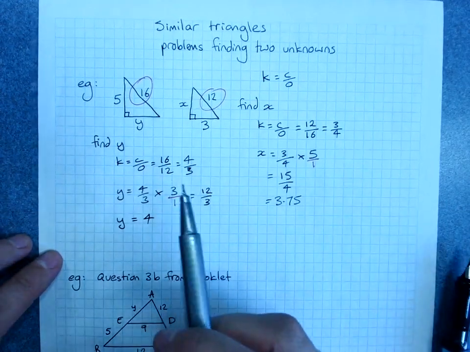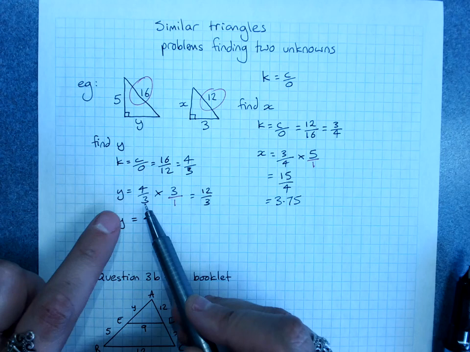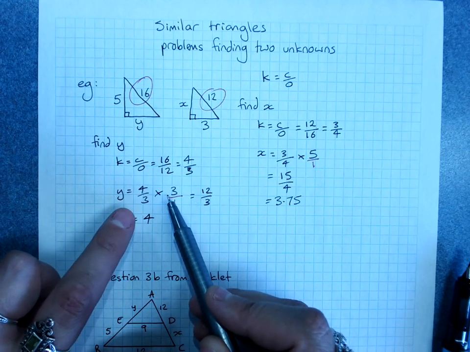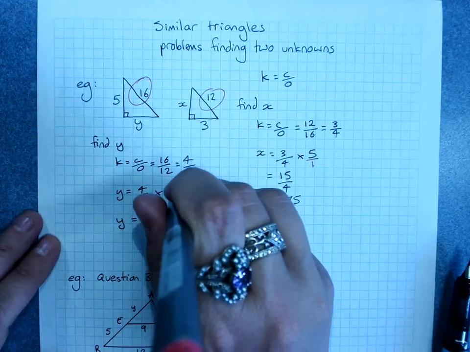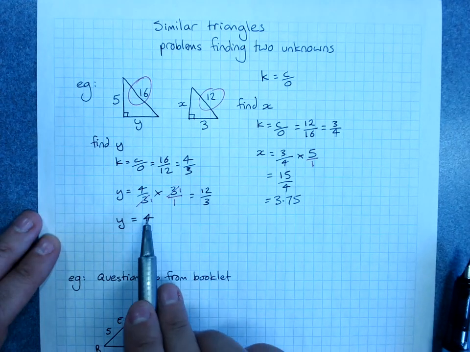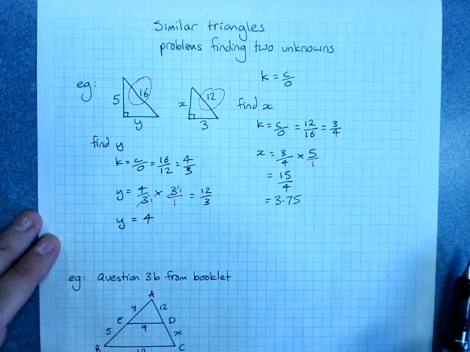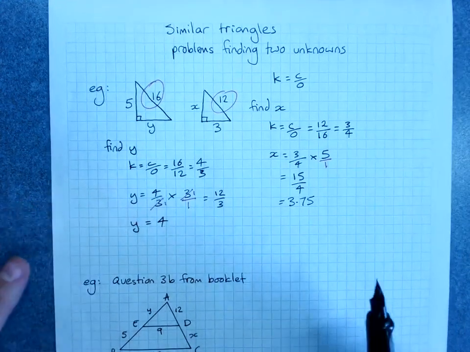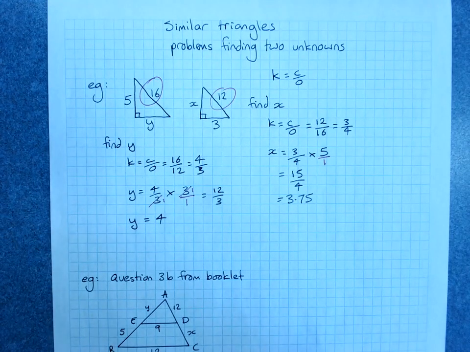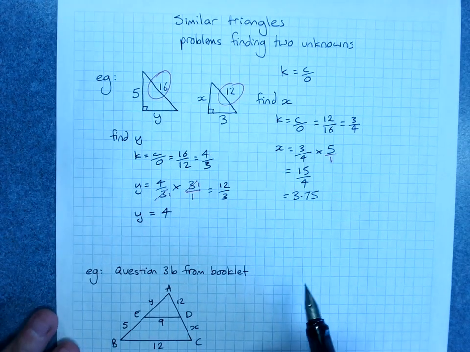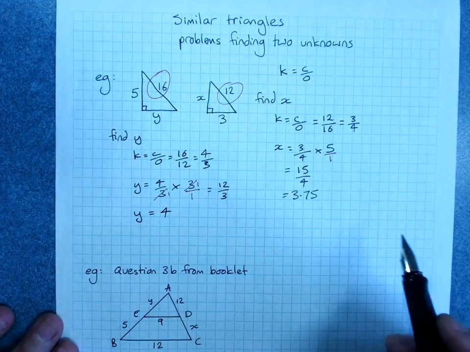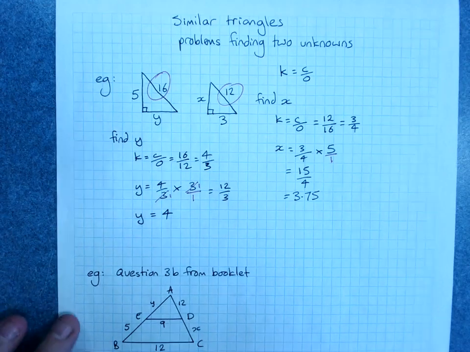Or you could recognize that you have a 3 here and a 3 on the bottom, and so you can cancel the 3s, leaving 1 and 1. 4 times 1 is 4, 1 times 1 is 1, 4 over 1 is just 4. So being able to manipulate fractions competently and confidently is a really useful trait. Yes, you could just do this with a calculator, but you're not building up your skills in using fractions.